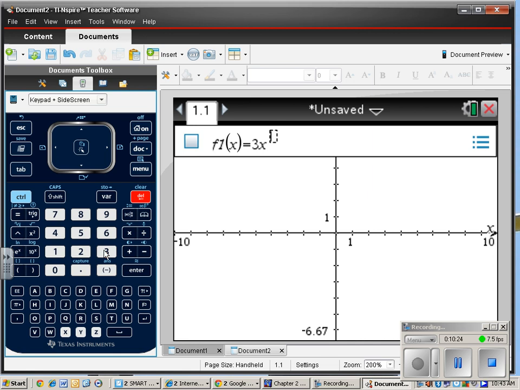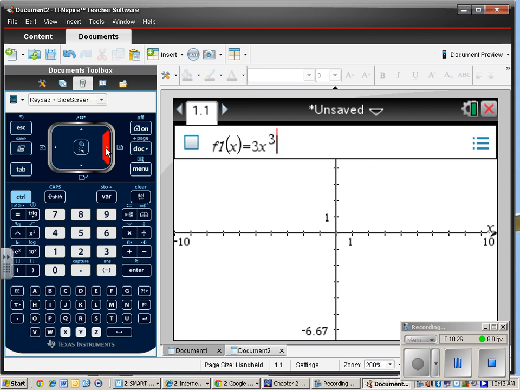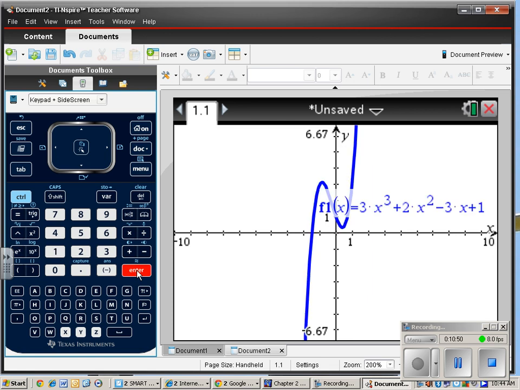Oops, I didn't mean to do that. 3 plus 2x squared minus 3x plus 1. Did I have it copied correctly? Okay. Thank you for catching that. When you're typing it in, make sure you don't do the same thing I did. Don't let it stay in the exponent. Okay? So when I press enter, it's going to graph that for me.